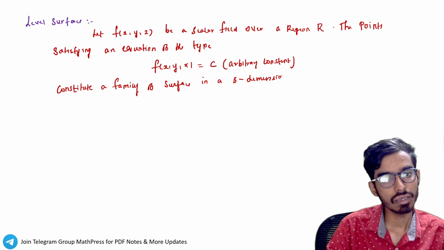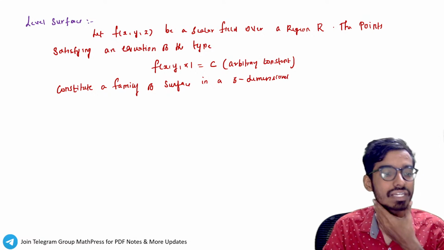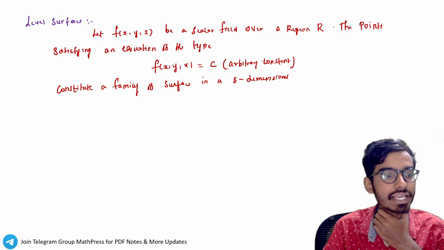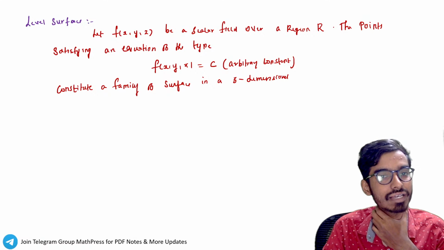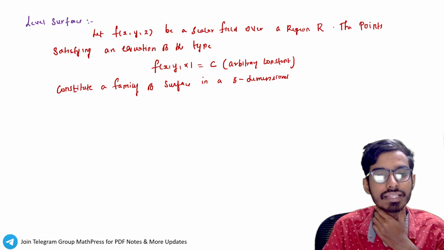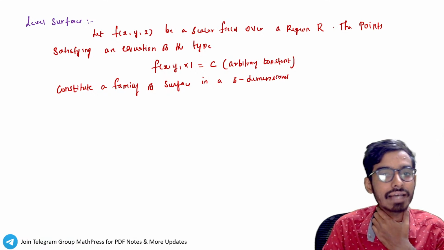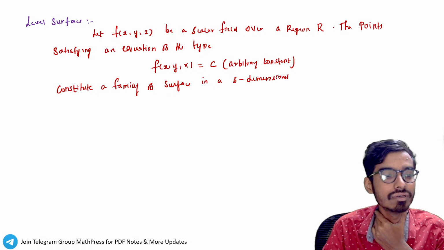A scalar point function is the same as a scalar field, right? R is a field, like in group theory, ring theory, field theory. The output will be a scalar, a real number. So scalar point function, that's it.